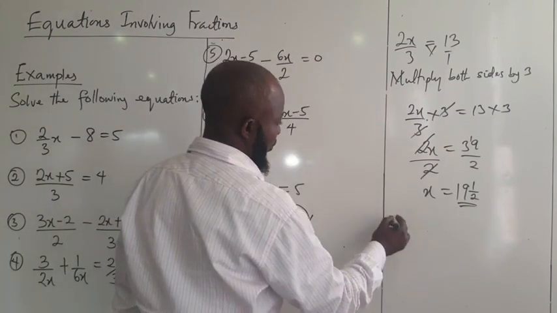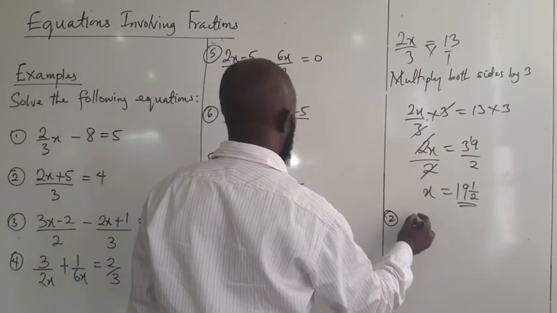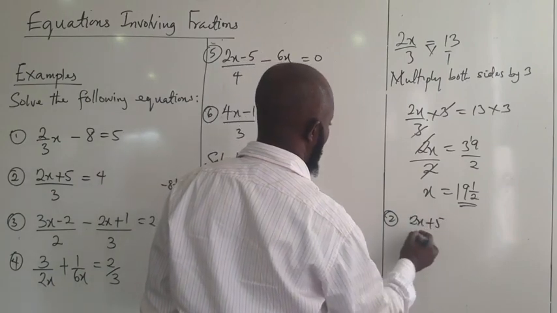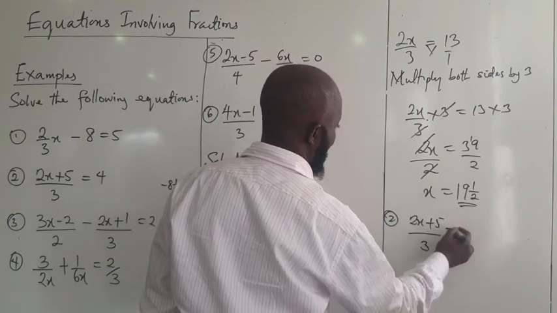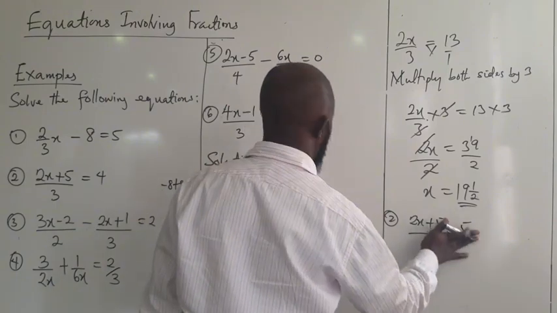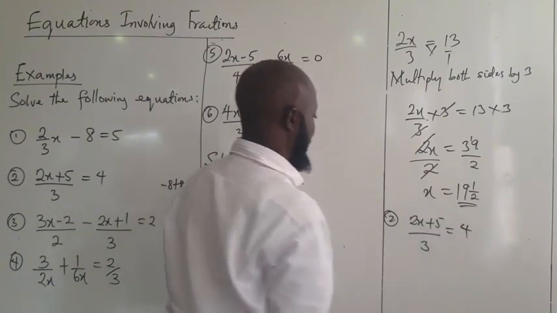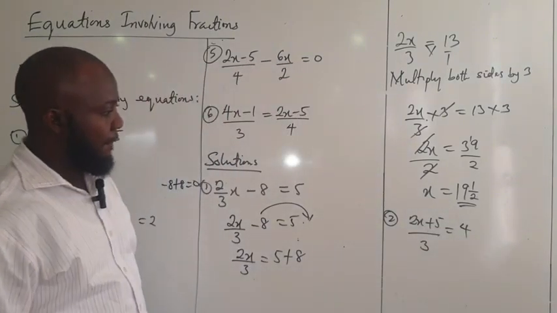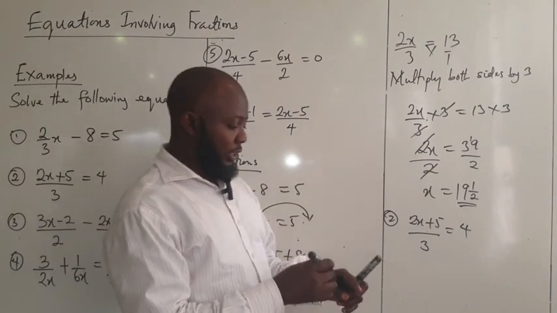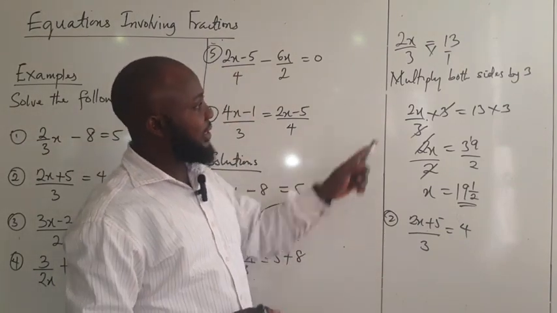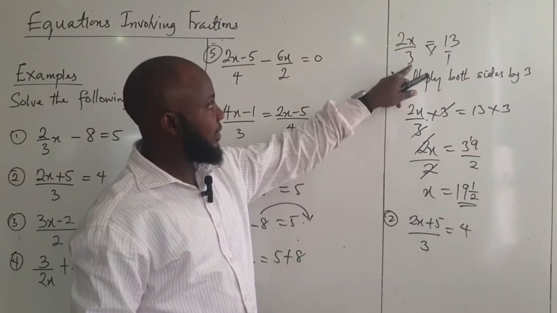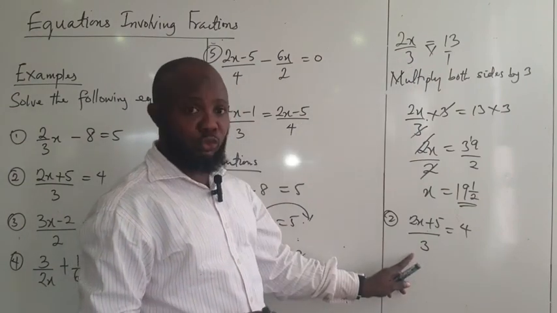Question number 2, we have 2x plus 5 divided by 3 equals 4. This is example 2. You notice the same thing. What we did at this stage, it's the same thing we're going to do here.